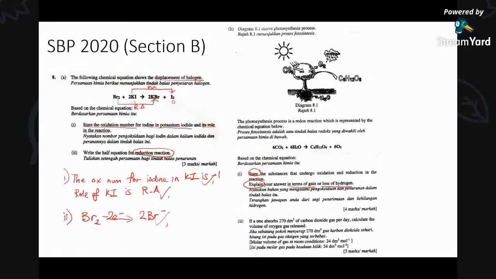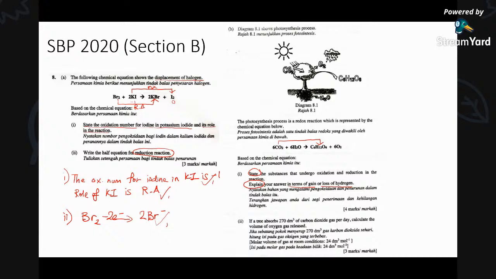So very clearly they want in terms of hydrogen. So you have to write down in terms of hydrogen. So you have to see carbon dioxide. So carbon dioxide over here becomes C6H12O6. Previously in the reactant there is no hydrogen, and at the product over here there is hydrogen.